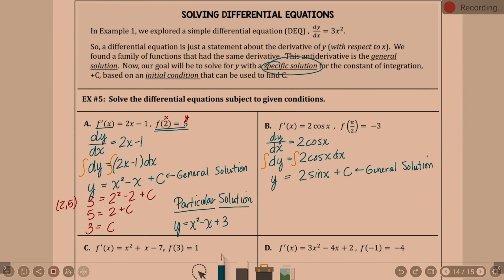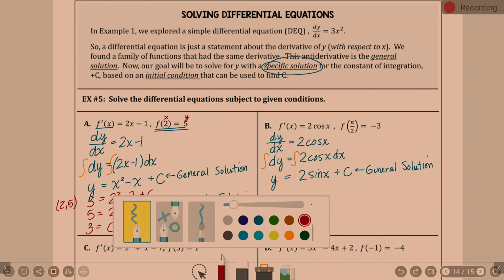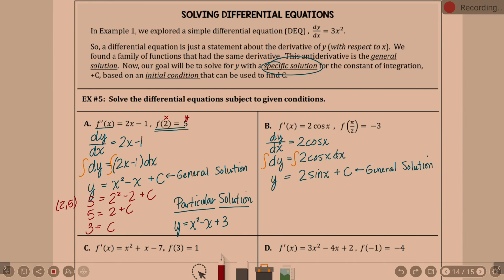And then in order to find the specific solution, or particular solution, this time I'm using the ordered pair pi over 2 comma negative 3.